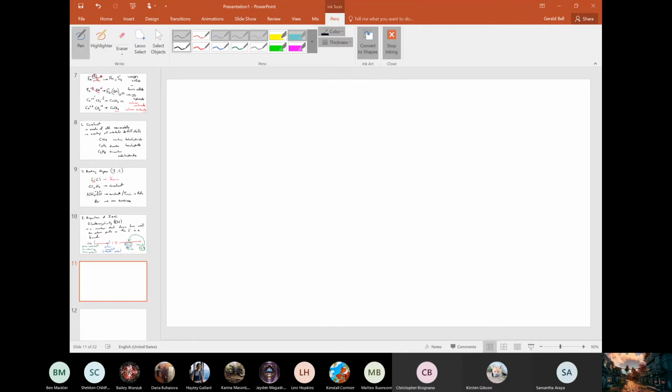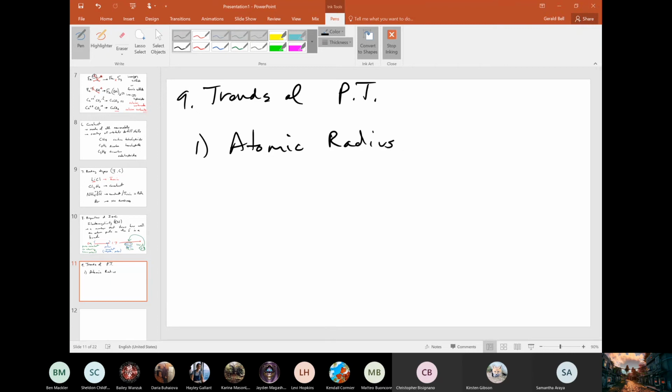This is totally out of place now, but we never talked about the trends of the periodic table. Atomic radius, AR. Atoms get bigger going down.